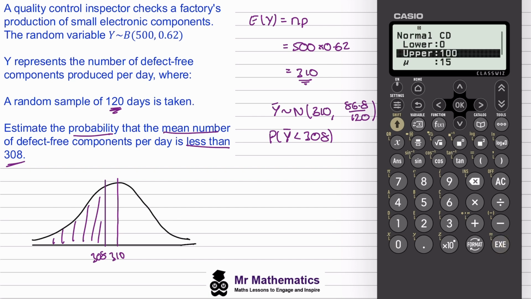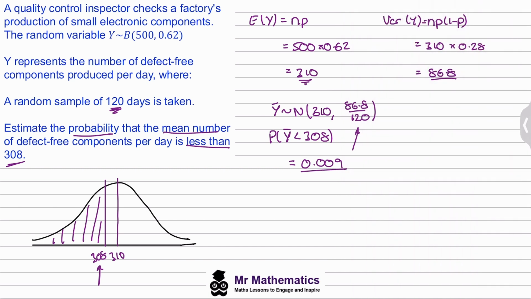The upper, you can see, is this 308. The mean is now 310. That's the square root of 86.8 divided by 120. And this will give us a probability of 0.009. Okay? So this is the probability of having a sample mean less than 308.